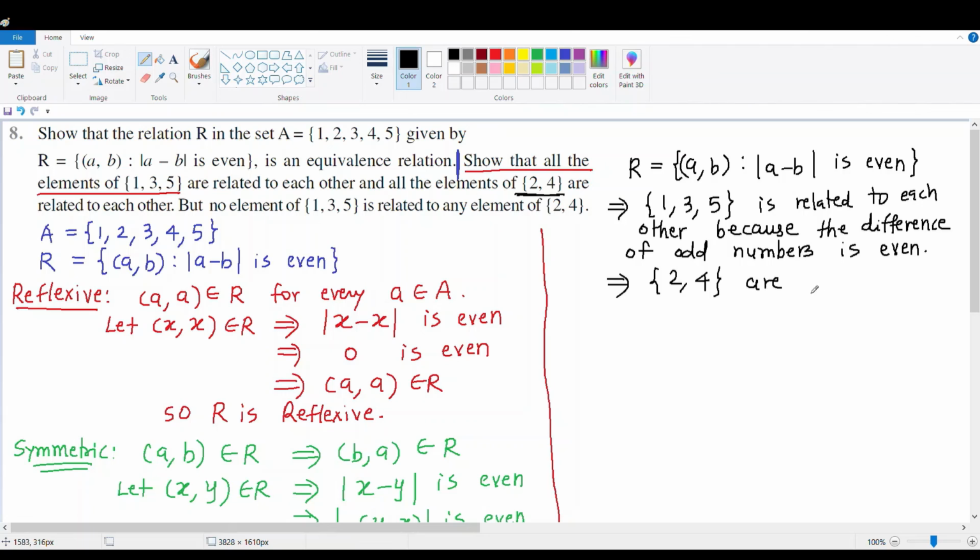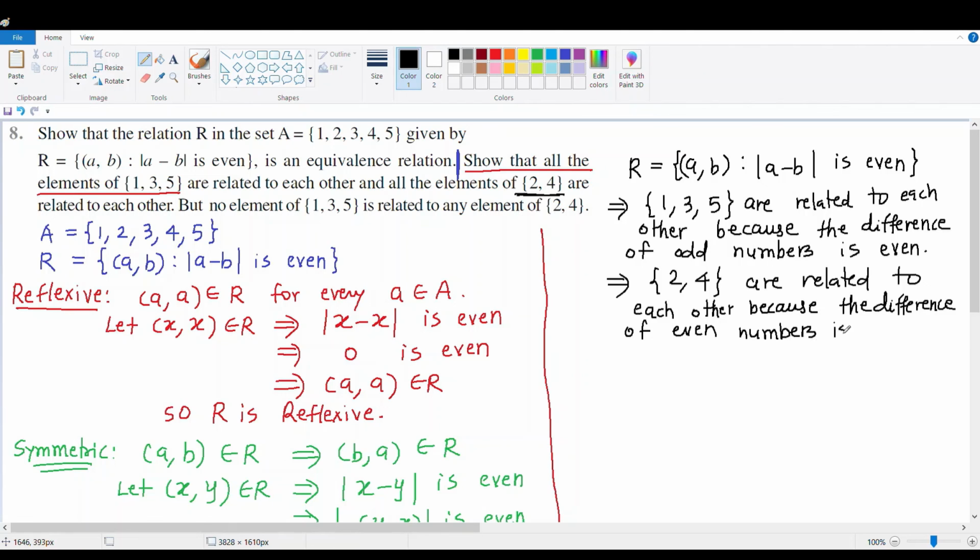So 2 comma 4 are related to each other because the difference of even numbers is even.